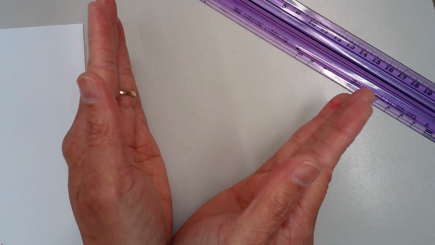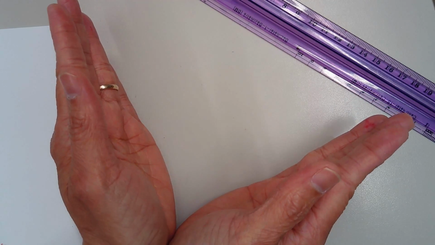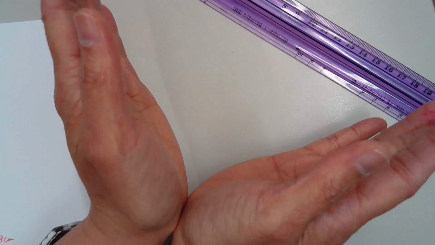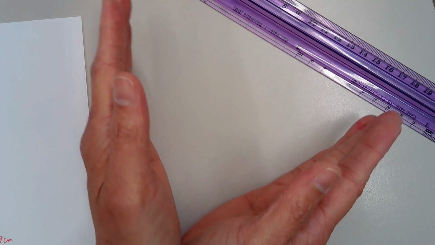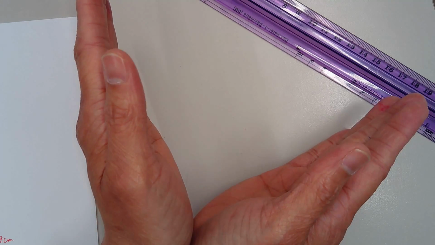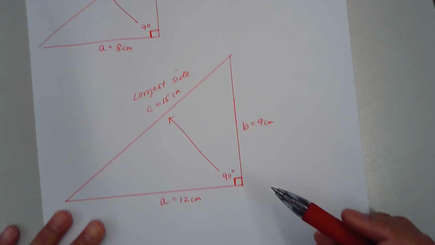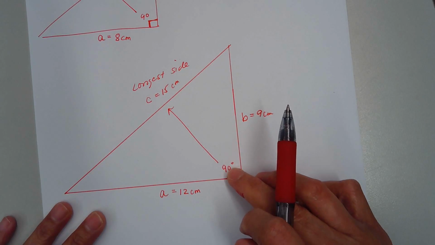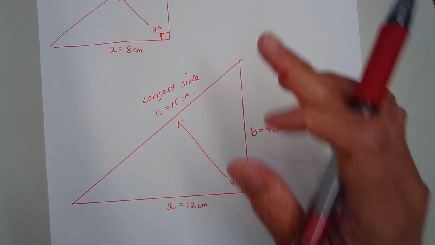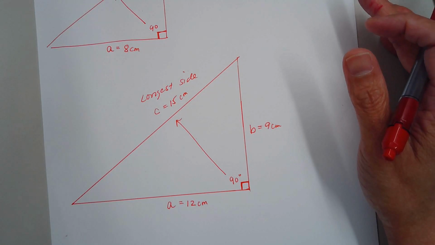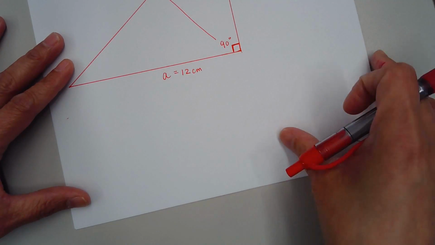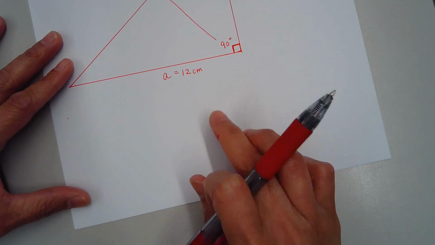Okay, so we're going to go around and see 8 squared plus 6 squared. What number do you get? 100? Okay, you got 100? Try it.